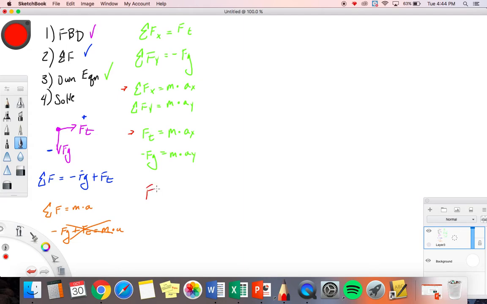So force of tension is equal to mass multiplied by acceleration in the x direction. And I start plugging in my knowns and unknowns. Force of tension is that 22.0 newtons. My mass is my unknown. And the acceleration in the x direction should be something in meters per second squared.